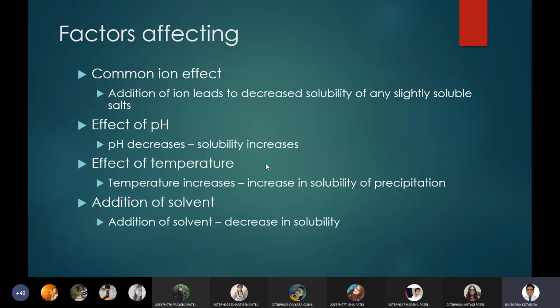Now just imagine a conical flask is there. In that, KHP is also there, and phenolphthalein is also there.